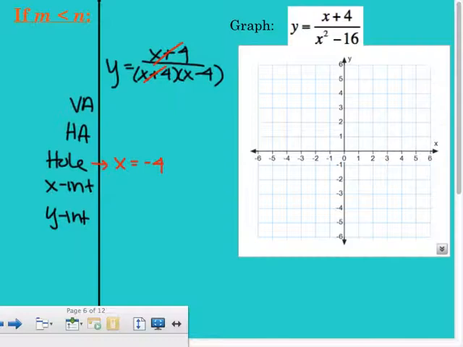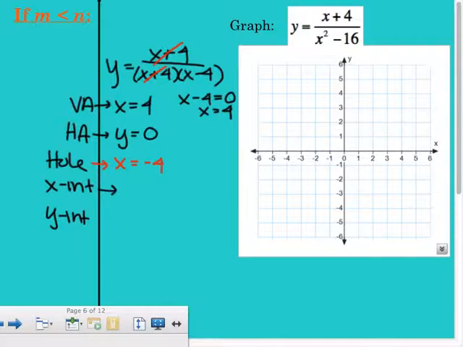So for the vertical asymptote, you're going to take the denominator and set it equal to 0. You're only going to set x - 4 equal to 0, because the other one is a point of discontinuity. So it cannot be a vertical asymptote if it's already a hole. Horizontal asymptote: the degree in the numerator is less than the degree in the denominator, so it's y = 0.